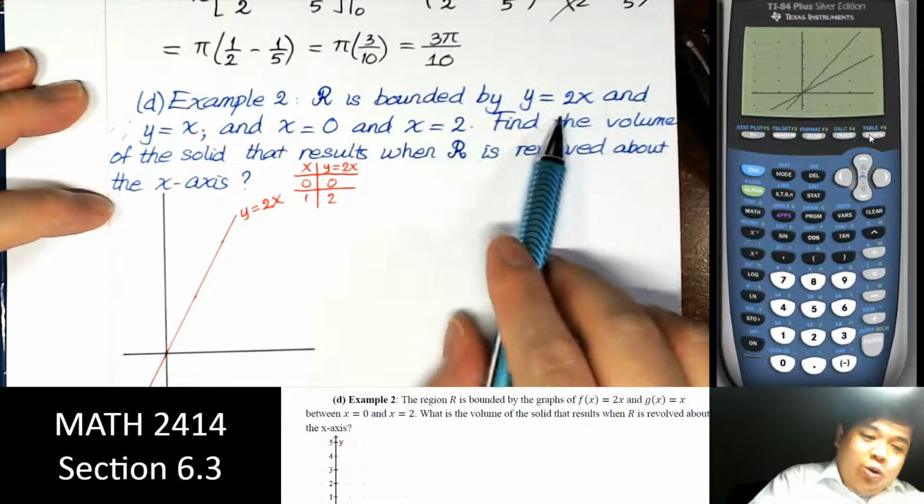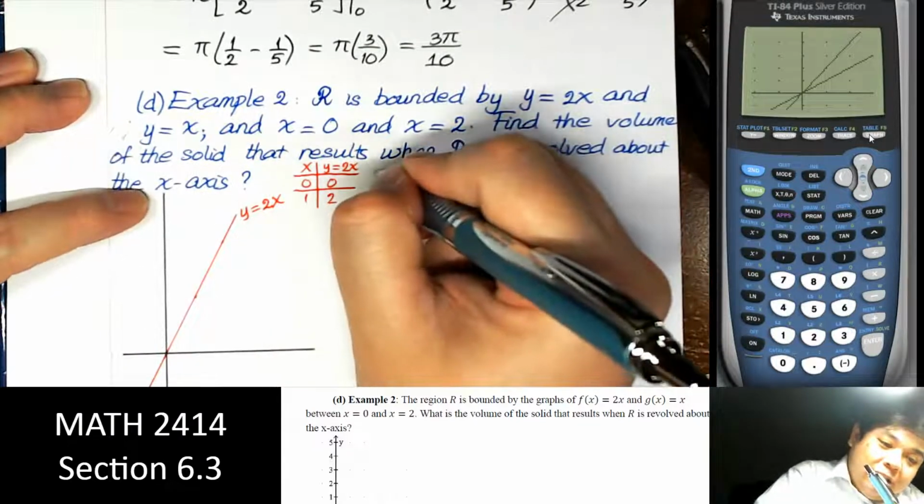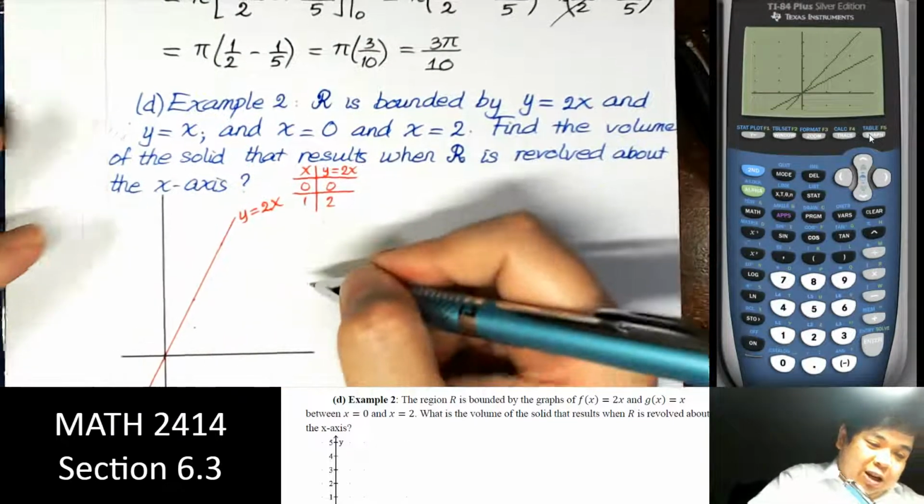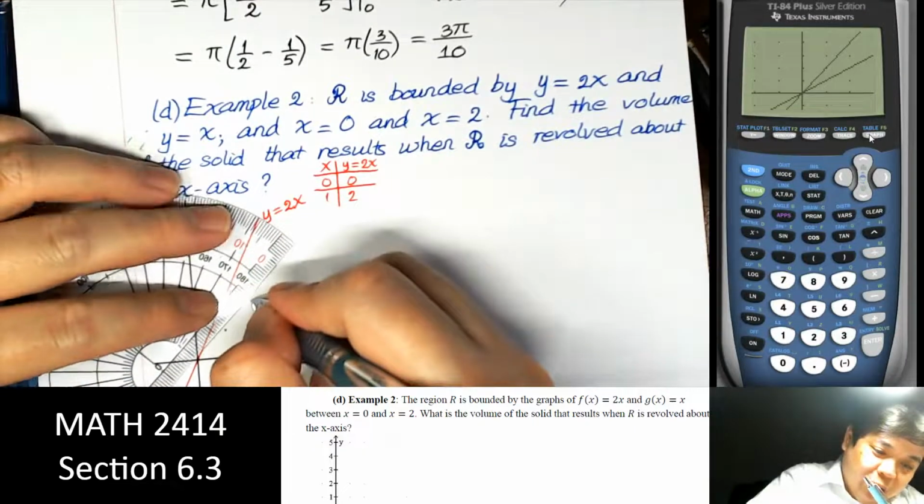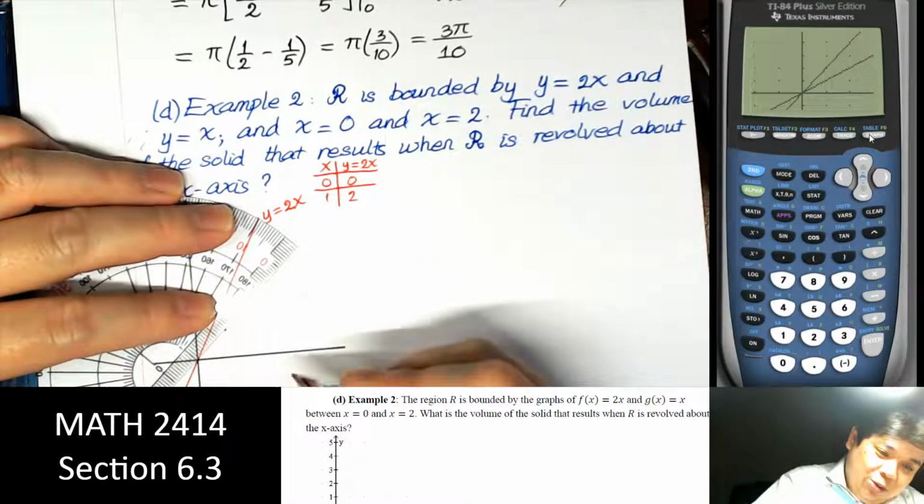So that is y equal to 2x, and now y equal to x. That's easy, don't even need the table. When x equal to 1, y equal to 1, and x equal to 0, y equal to 0.